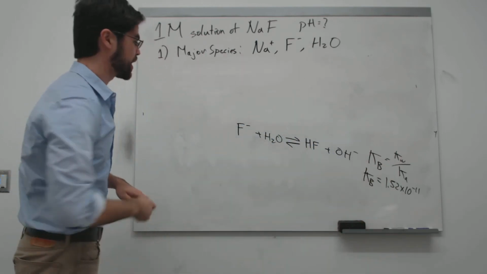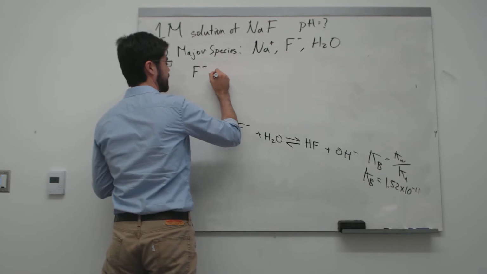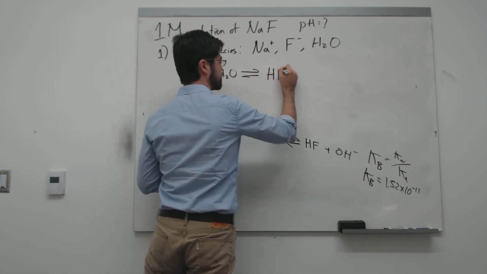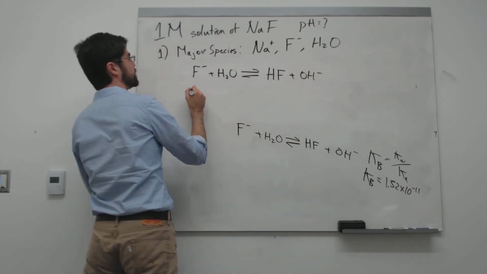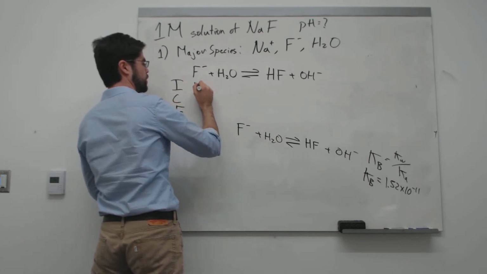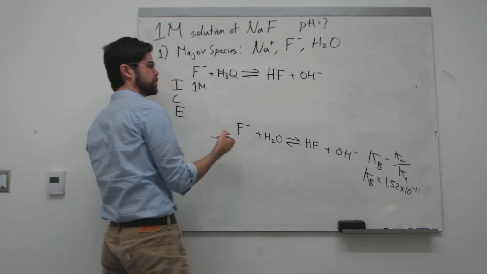Because again, it will be another ICE box. I know that I have fluoride reacting with water to make HF and hydroxide. I assume initially I have 1 molar fluoride. Water doesn't factor into the equilibrium expression.